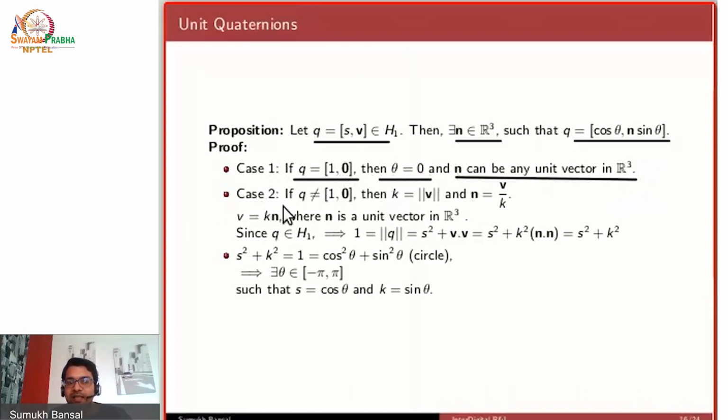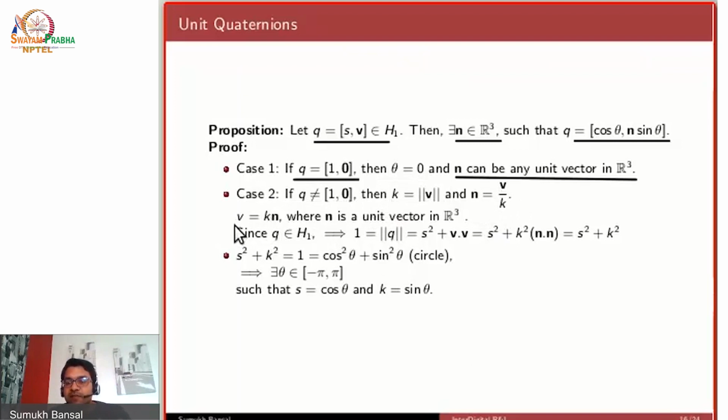But for all other cases, when Q is not a trivial quaternion, then n is given by dividing the vector v by its norm. So let's say that k is the norm of the vector v. So n is given by dividing v by the norm of vector v, which is k.